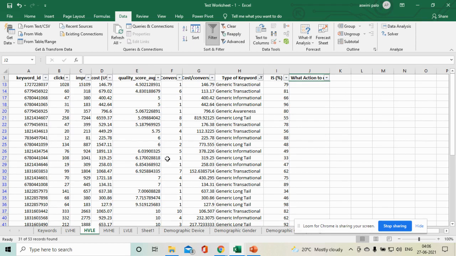So generally for generic keywords, if your quality score is less than 6, you should go on improving the quality score. So for these HPLE keywords, these are the low efficiency keywords for which your objective should not be to increase the impression share, but to increase the quality score. If you can increase the quality score, then automatically your cost per conversion will go down.